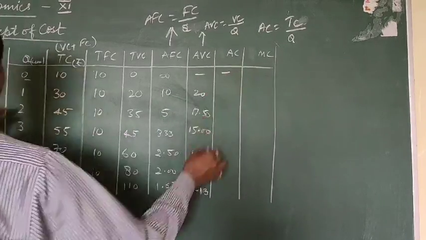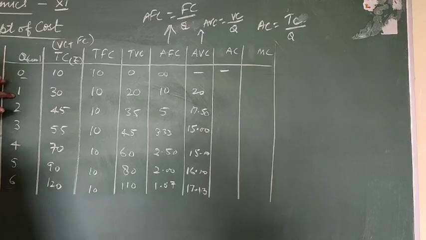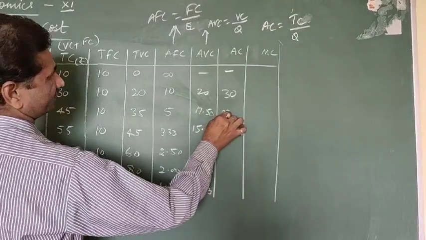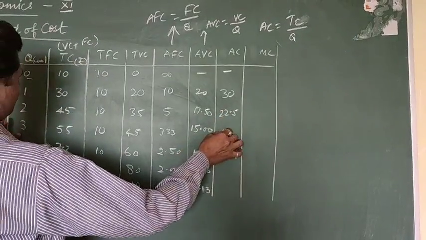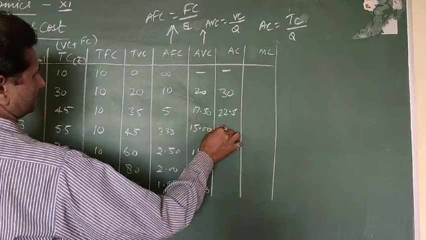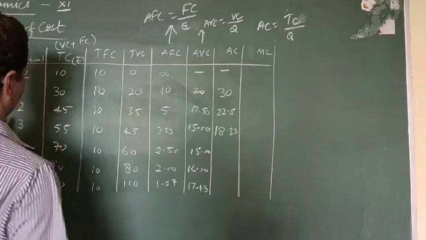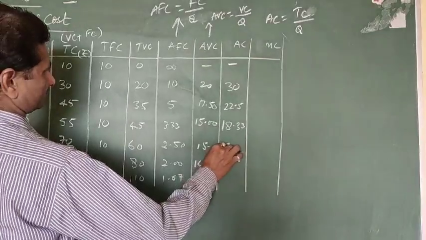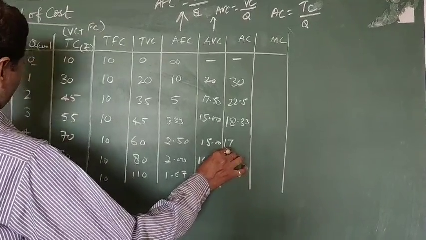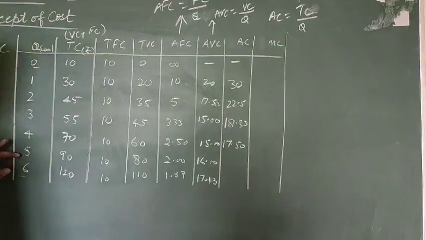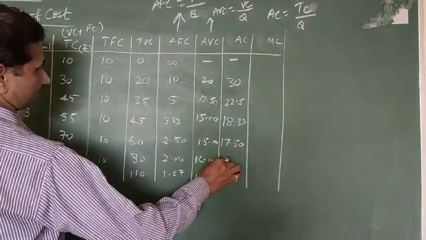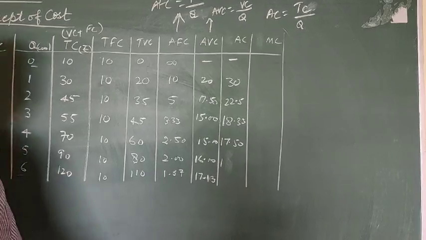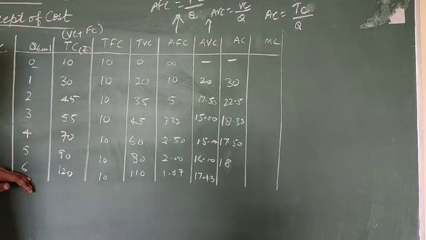So for 0 it is not defined, for 1 it is 30, for 2 it is 22.5, for 3 it is 18.33, for the 4th unit it is 17.50, for the 5th unit it is 18, and for the 6th unit it is 20.